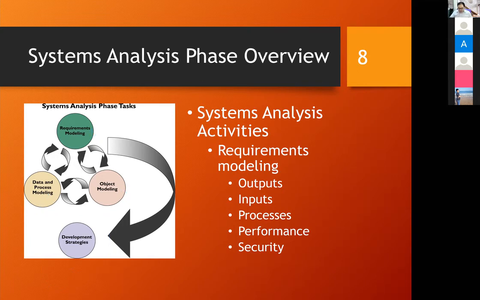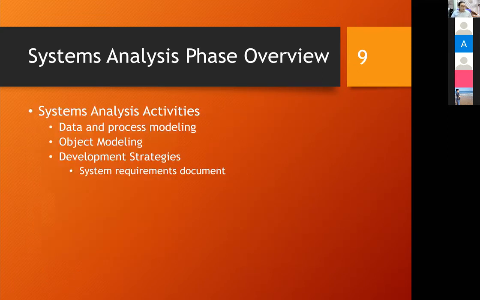The next one, when we talk about the system analysis activities, we have to do data and process modeling first. Some of the other tasks you may have to do are object modeling, and then we have to think and plan for the development strategies.